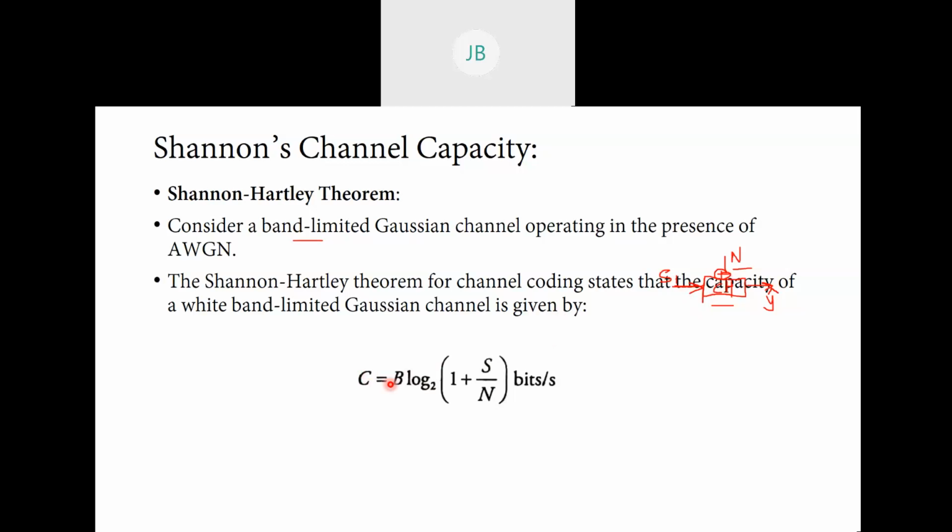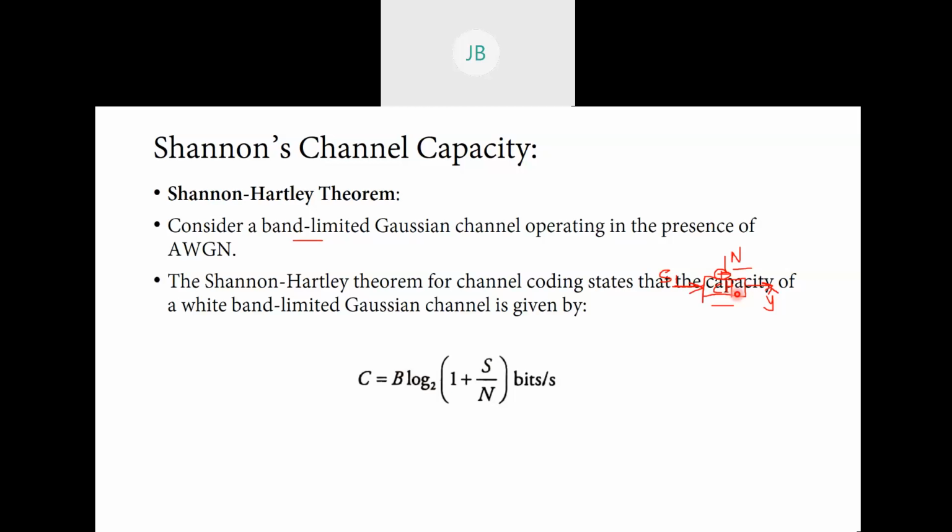So that is equal to the bandwidth of the channel, because we consider that this channel has some finite bandwidth, times log of 1 plus signal to noise ratio, because we will be transmitting some information here with some power, and in the channel some noise gets added.